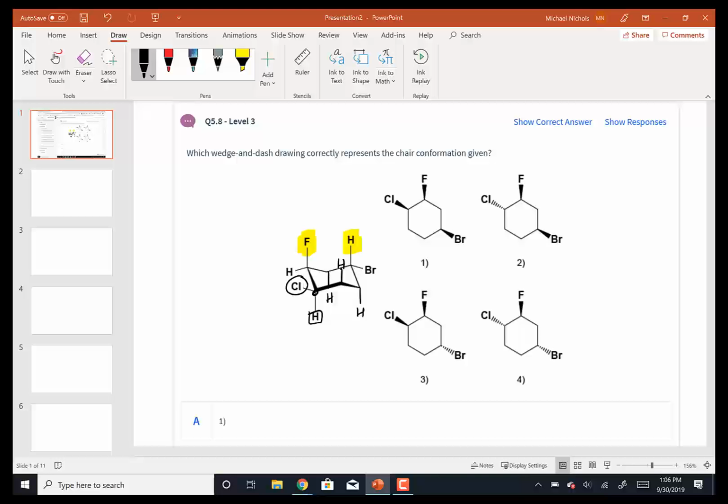That means the chlorine has to be above the plane of the ring, because each carbon has to have a group above or below. Above or below is not the same as axial or equatorial. Those are two distinctly different ways to describe the groups. So just because something's axial or equatorial doesn't necessarily mean it's above or below, and it doesn't mean it's cis or trans.